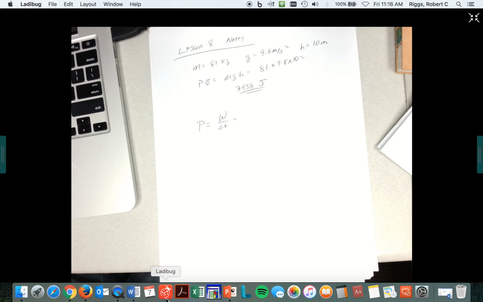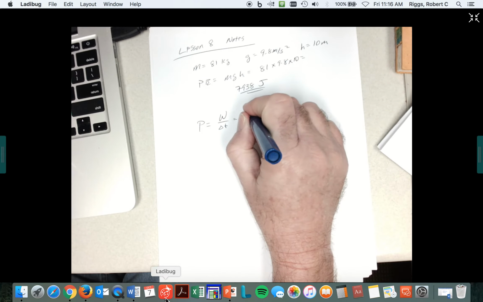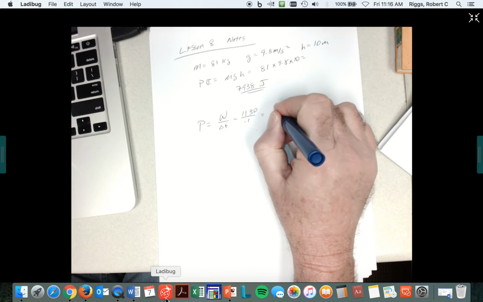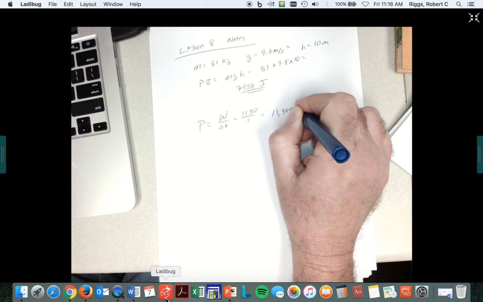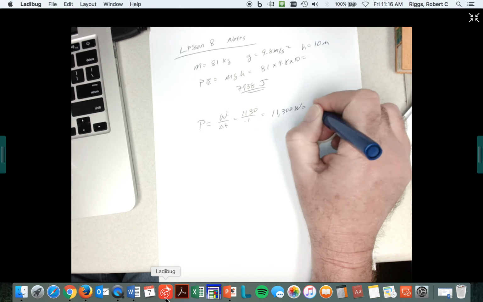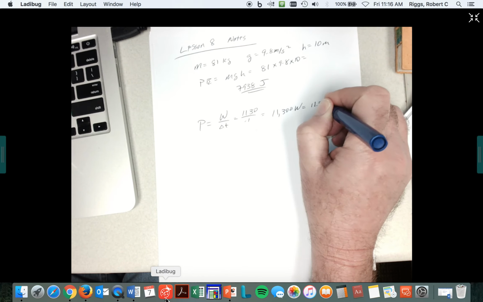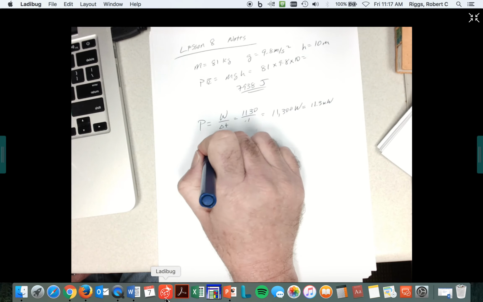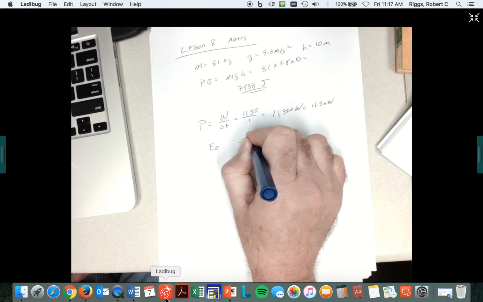What was this? 11,300 joules divided by 0.1 came out to be 113,000 watts. Anyway, energy before is equal to the energy after.